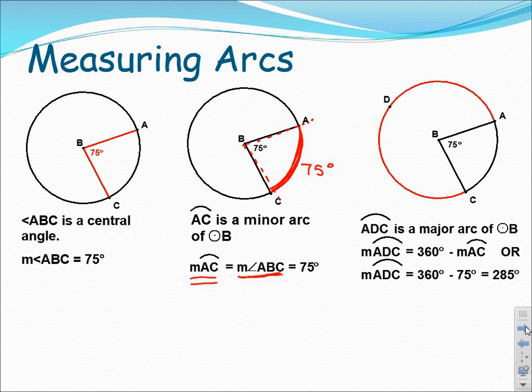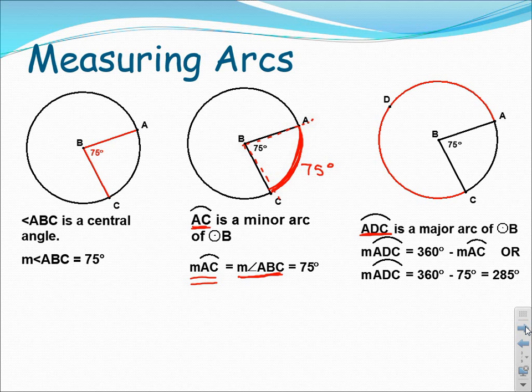We're going to look at the major arc of this circle B. Now, another note in terms of notation, if you have a minor arc, you should have 2 letters for the arc. But for a major arc, you better have 3 because you need to know which direction you're going.